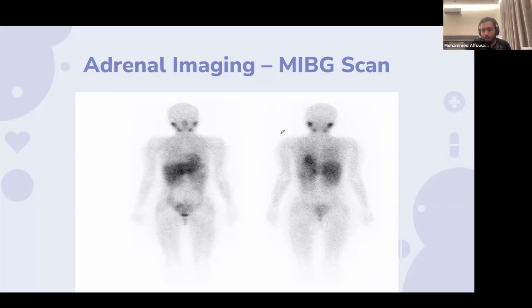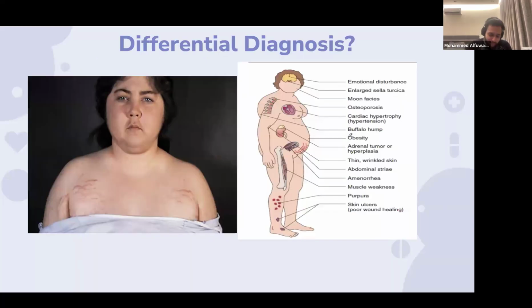And the important pathology to diagnose from an MIBG scan is pheochromocytoma. That is the most important pathology to see here. So if you see a patient with signs of pheochromocytoma and they show you an MIBG scan, go for pheo, okay?